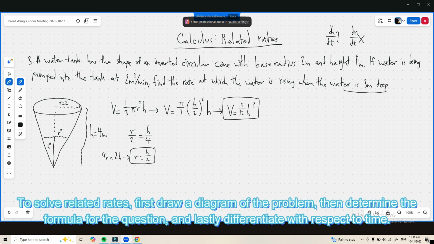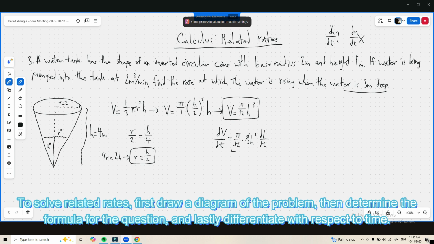This is the formula we're going to be differentiating with respect to time. So dV/dt is equal to pi over 12 times 3h squared dh/dt.